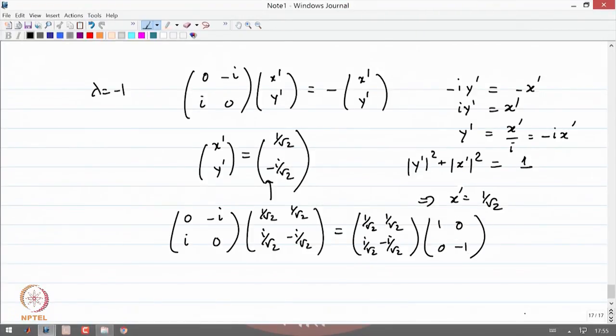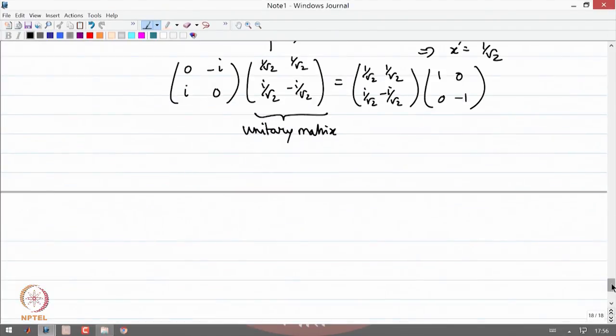Okay. Now another important thing, this is a unitary matrix. This is not an orthogonal matrix. It's very easy to check that, because the absolute square of the columns or rows will give you a total of 1.